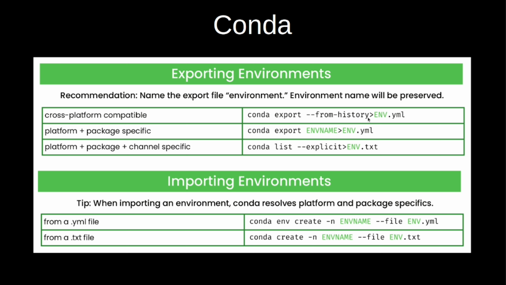If you use --from-history, your environment.yaml will contain only configurations that are acceptable on whatever platform you're going to recreate that environment by using conda. And if you do not use this --from-history attribute, then it will also include some platform-specific configurations in your environment.yaml, and that may cause some inconsistency in case you try to recreate the environment on a different operating system.